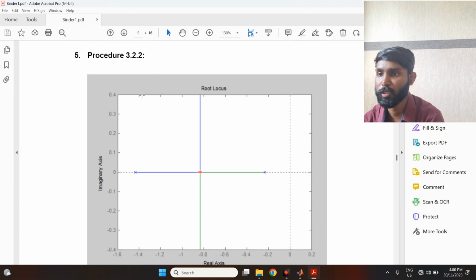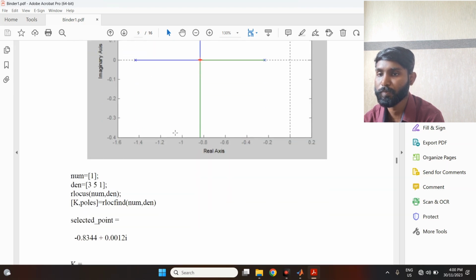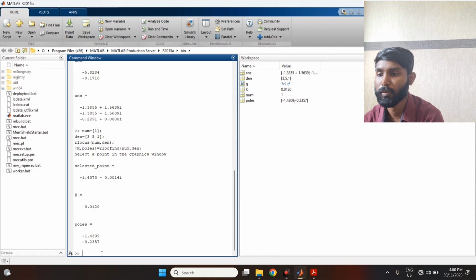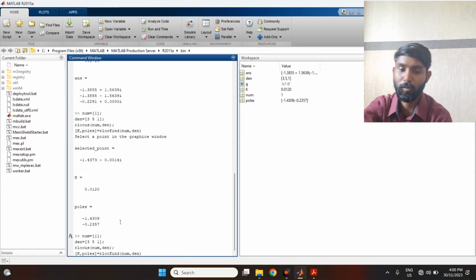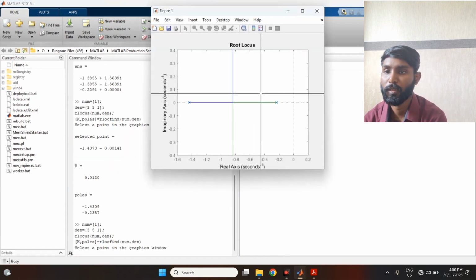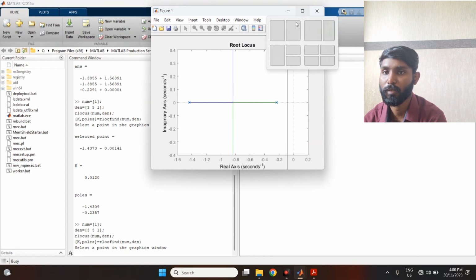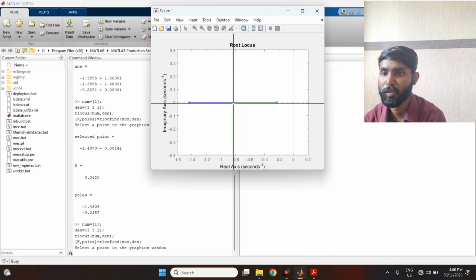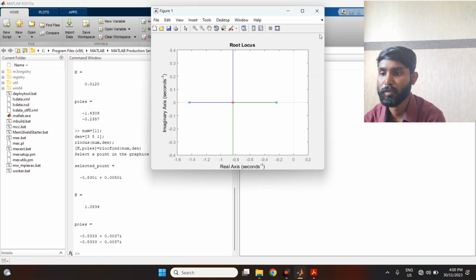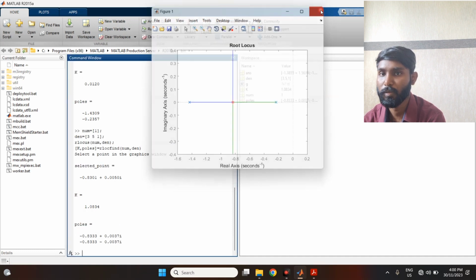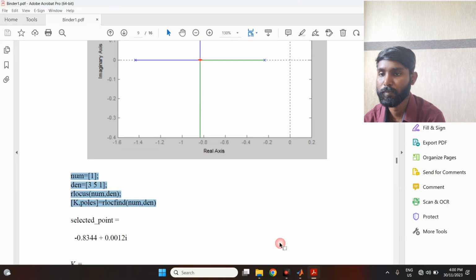This is the procedure 3.2.2, and I'll be showing you the demonstration. Here, this is the root locus.